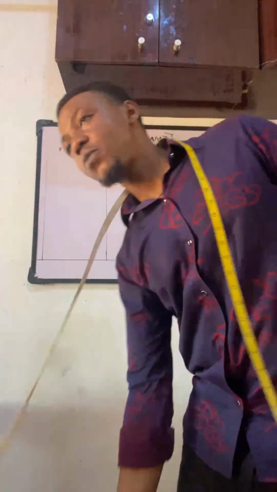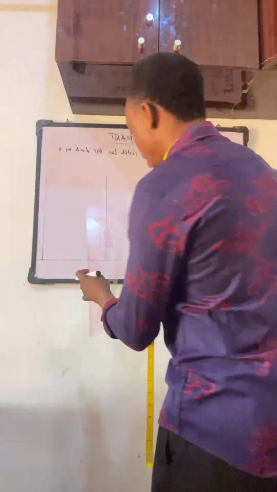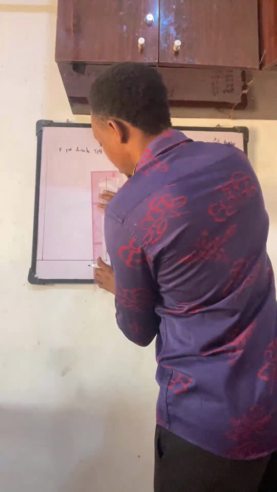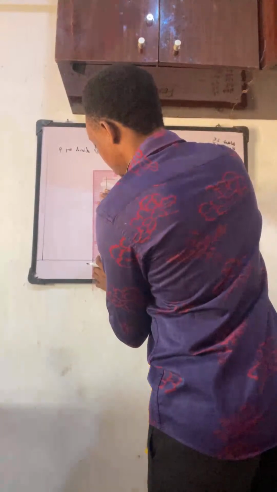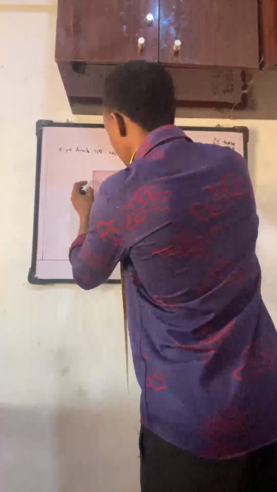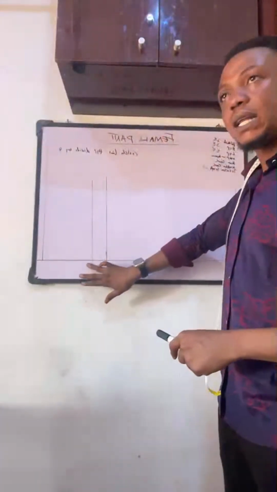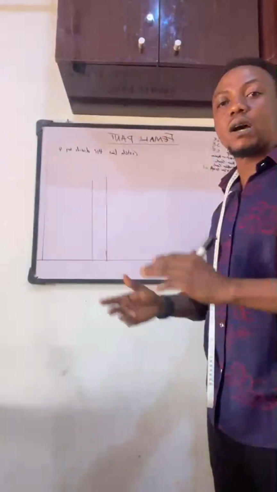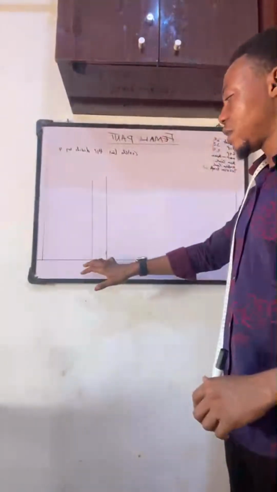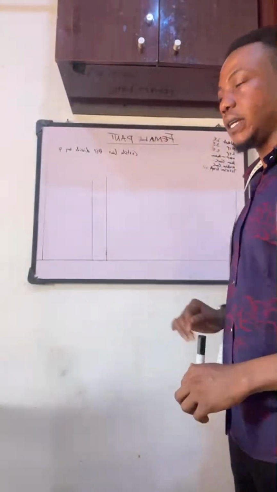That place automatically becomes your hip line. So this is your hip line. And like I said, we are trying to get all our horizontal lines. So now we have our hip line and our cross line.